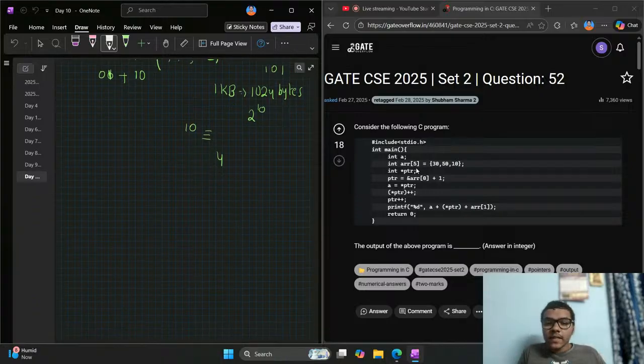So an integer, an array, and a pointer: 30, 50, 10, and the pointer is currently pointing to array of 0 plus 1, which is this one. So now A contains the value, dereferencing gives A is equal to 50. Now you are increasing the value of the pointer.